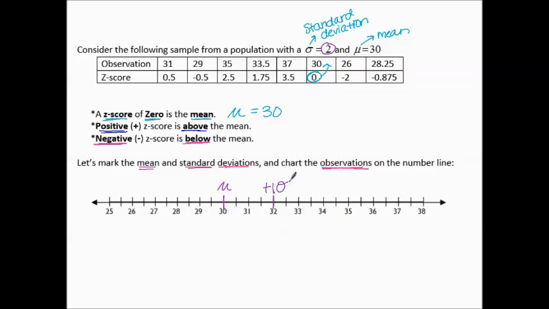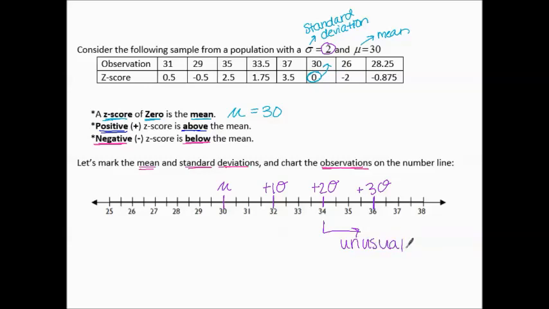There's one standard deviation. If I add 2 again, 32 plus 2 is 34. There's 2 standard deviations. And if I add 2 again, here is my 3 standard deviations. And remember, from 2 standard deviations on is considered unusual.